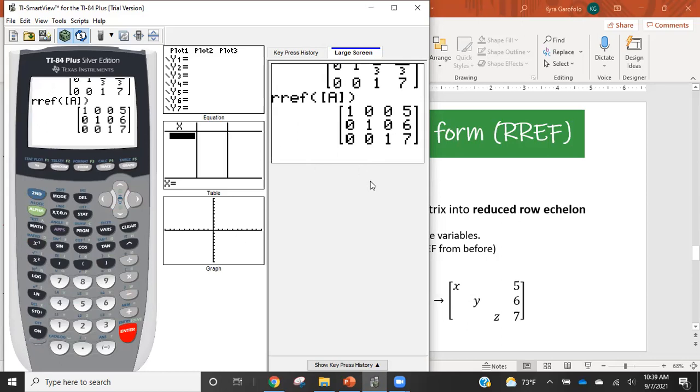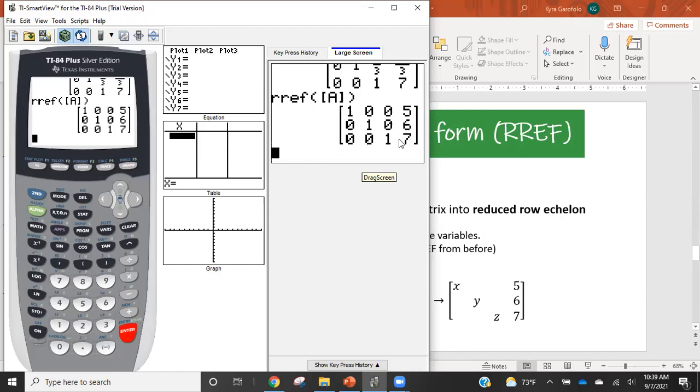And we see this matrix: 1, 0, 0, 5, 0, 1, 0, 6, and 0, 0, 1, 7. So this is going to say 1x plus 0y plus 0z equals 5. So that says, hey, x equals 5. 0x plus 1y plus 0z equals 6. So hey, y equals 6.